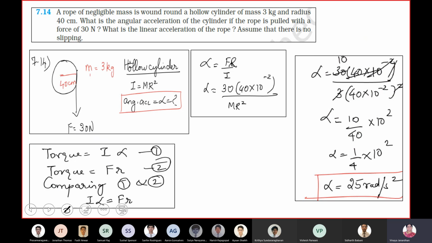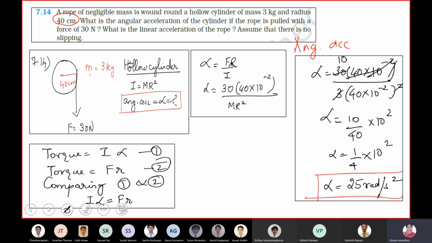Because the 40 centimeter you have to convert to meters, that is why it is 25 radians per second square. This is angular acceleration, radians per second squared.